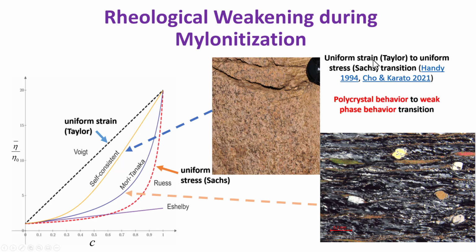We can update that understanding: as strain increases, such as in the process of mylonitization, there is a transition from a polycrystal behavior to a behavior that is like Mori-Tanaka behavior. There is a transition from self-consistent polycrystal behavior to Mori-Tanaka behavior during mylonitization.